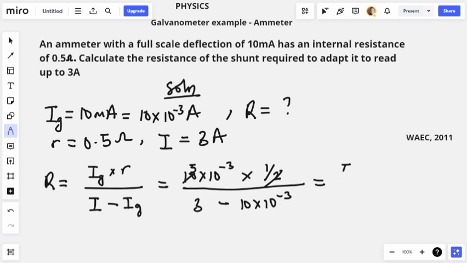So you have 5 times 10 raised to the power minus 3 divided by 3 minus, here what you have is 10 divided by 1000. 10 times 10 raised to the power minus 3 is the same as 10 divided by 1000, which is 1 divided by 100.